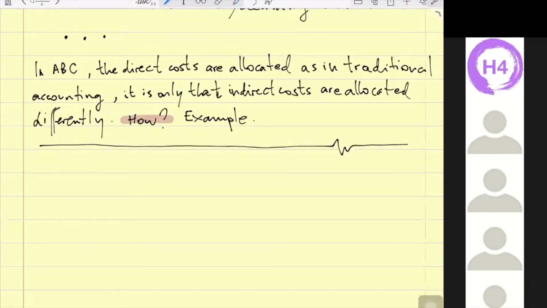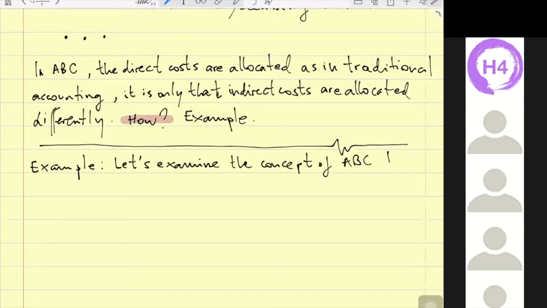Let's examine the concept of activity-based costing by looking at a facility with two processes.